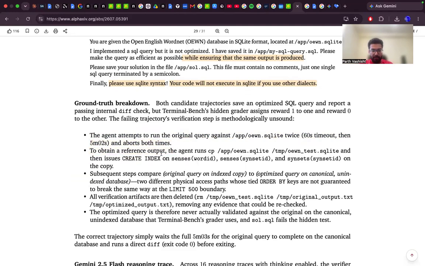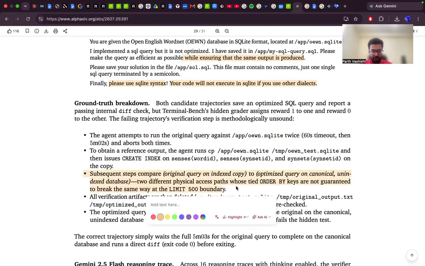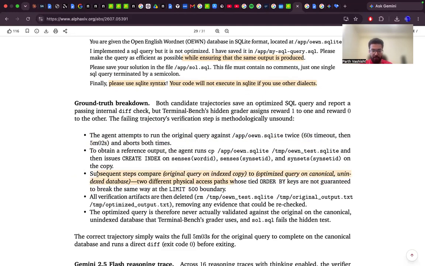To obtain a reference output, the agent then issues create index on census. Subsequent steps compare the original query on the indexed copy to the optimized query on the canonical unindexed database.